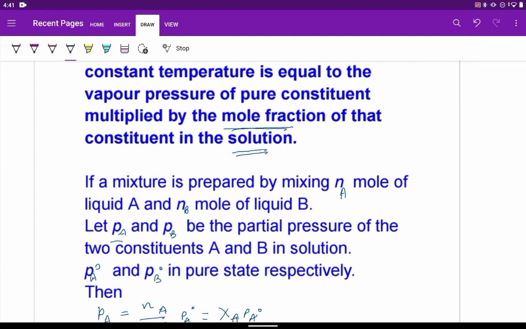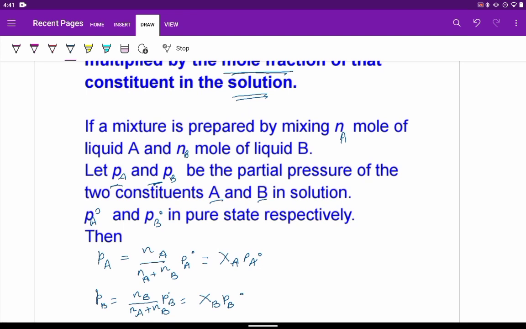Let the partial pressures be denoted as Pa and Pb for the components A and B in the solution. For A the partial pressure is Pa. For the component B the partial pressure is Pb. But when they were in their pure states, their pressures will be Pa0 and Pb0, that is in their pure states respectively.